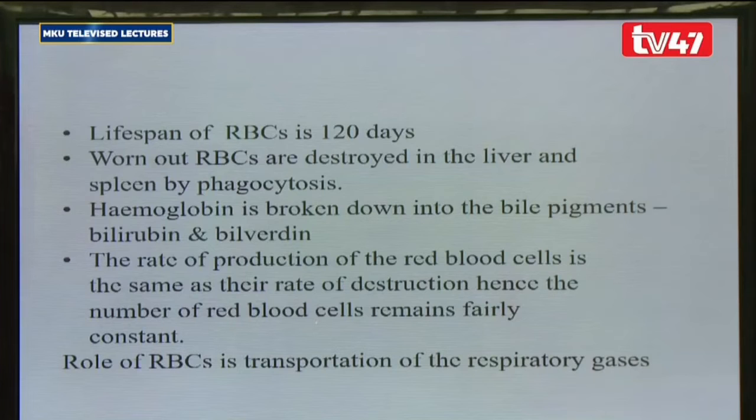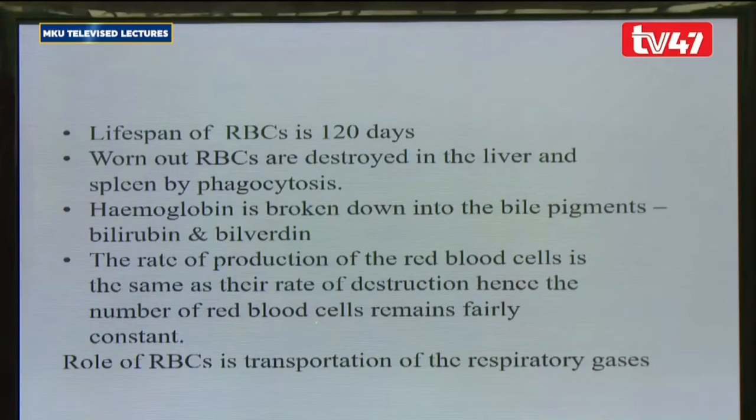The two waste pigments are normally put in the bile juice in the gallbladder so that they can be excreted through the body's excretory system. Because they are normally put in the bile in the gallbladder, we refer to the two pigments as the bile pigments. So once the pigment is broken down and the red blood cell is broken down, the waste material is carried away by the blood.